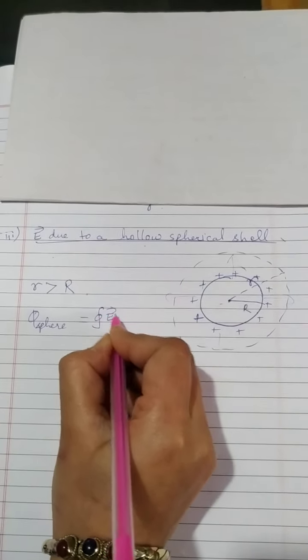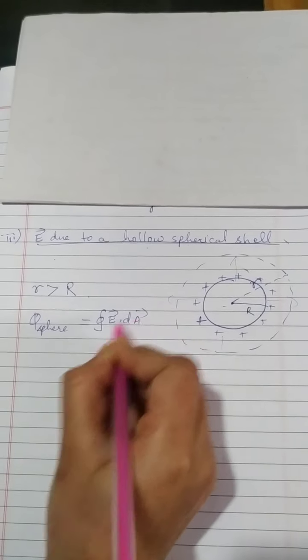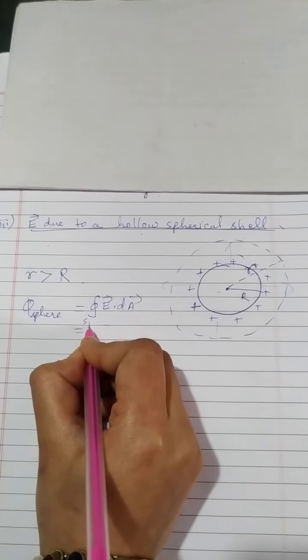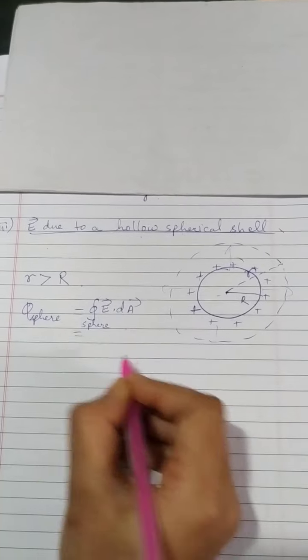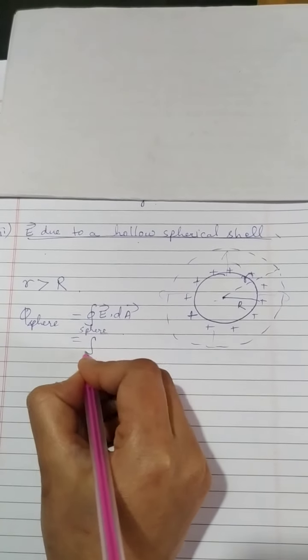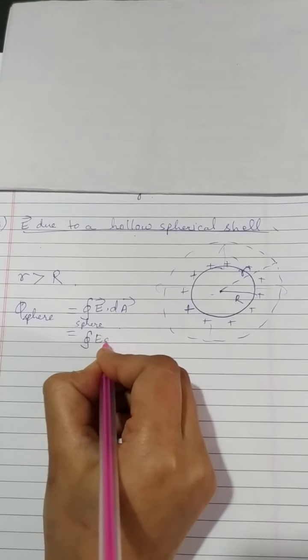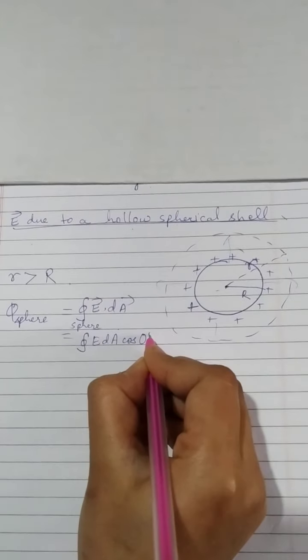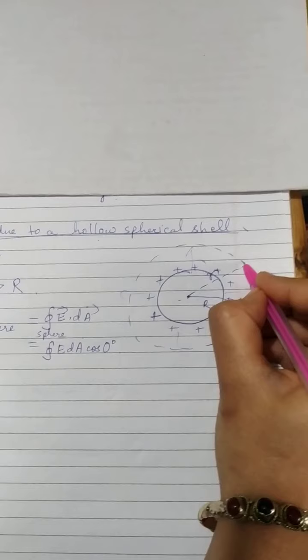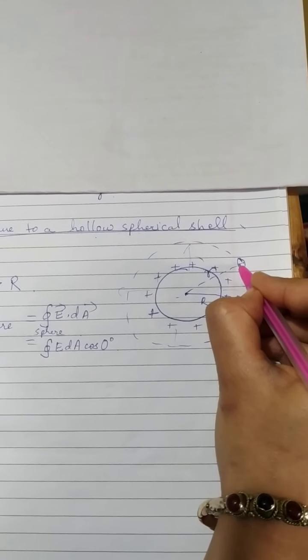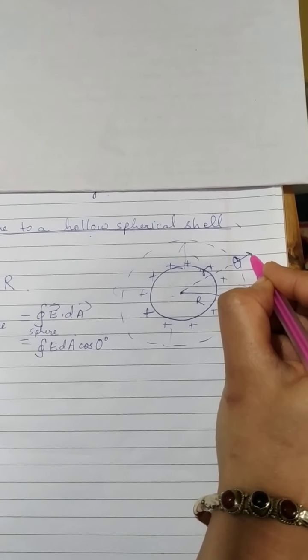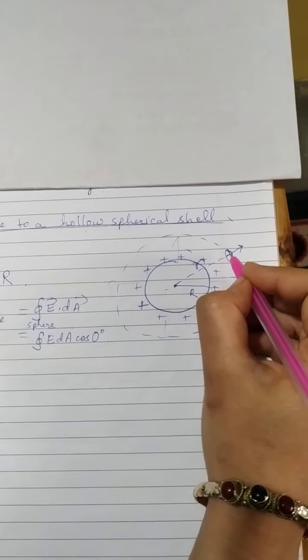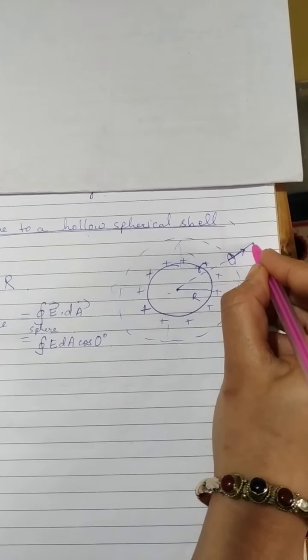E dot dA, which will be E dA cos 0 degree. Cos 0 because at each point area vector will be acting normally outward and electric field also will be acting radially outward.